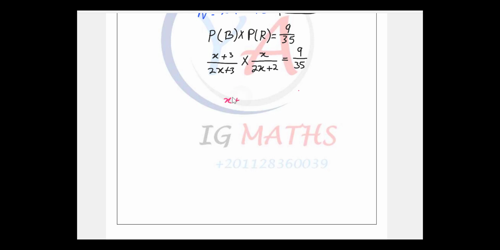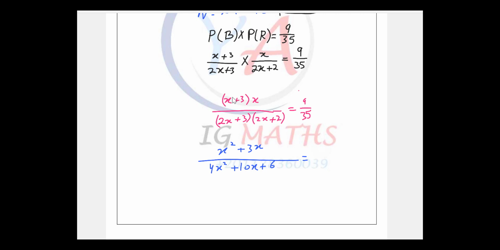It will be x plus 3 multiplied by x all over 2x plus 3 times 2x plus 2. It gives 9 out of 35. So it will be x squared plus 3x, and here it's 4x squared plus 6x plus 4x, which is 10x, equals 9 over 35.